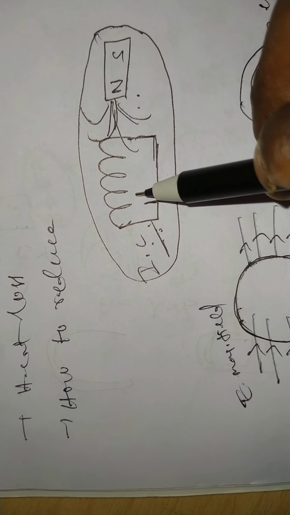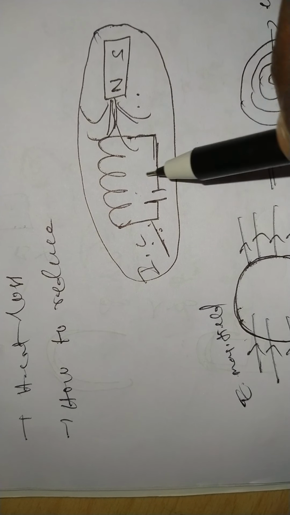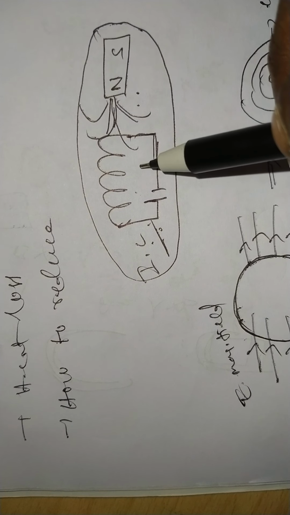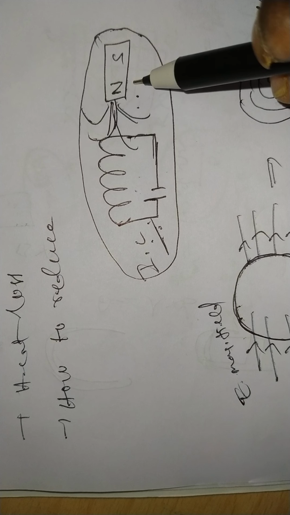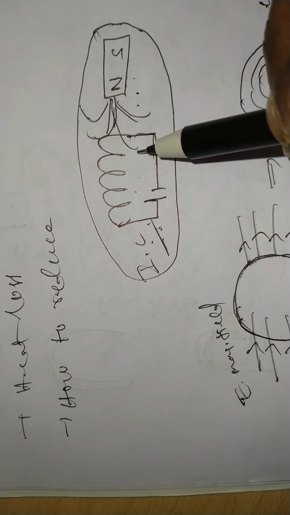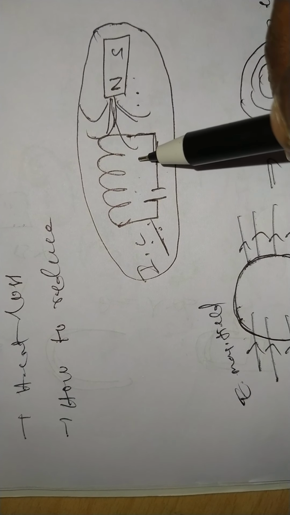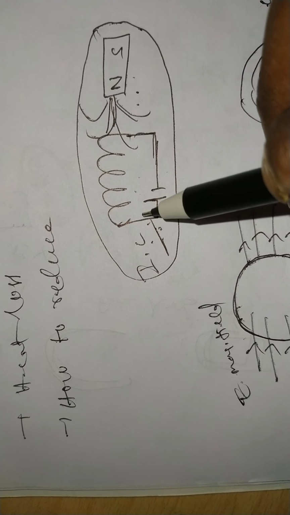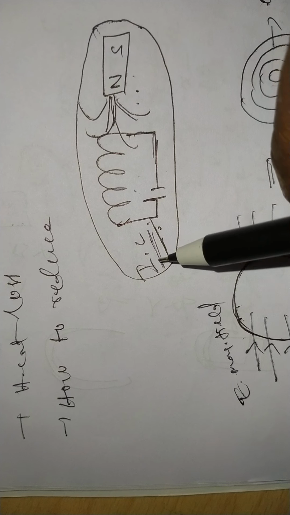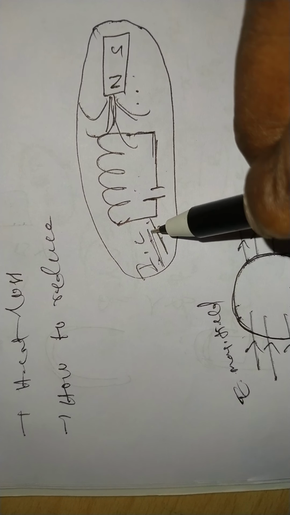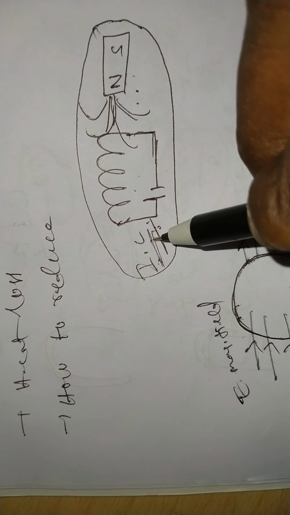Suppose you take a coil, the current passing through the coil produces a magnetic field, or moving the magnet towards the coil, the flux will change, induced EMF, the current will be induced. This type of induced current is not eddy current.